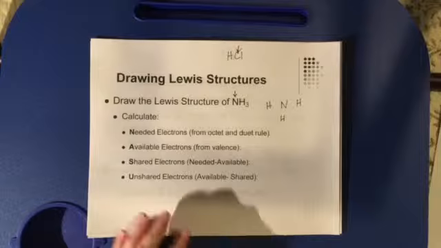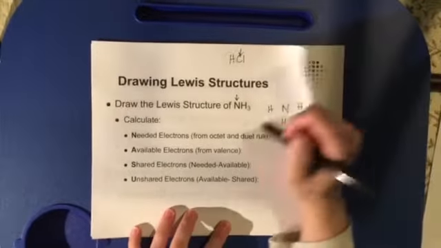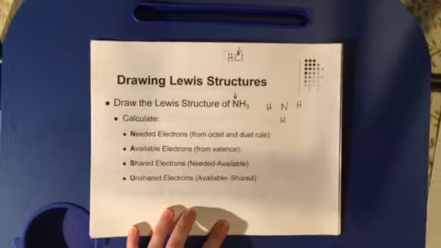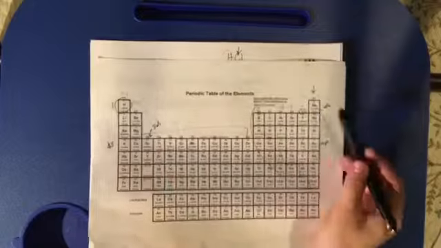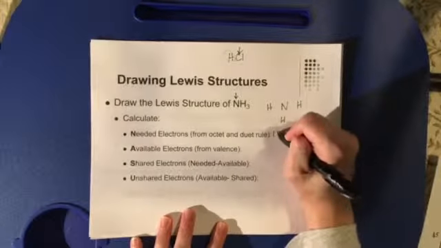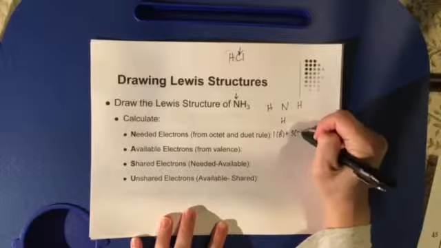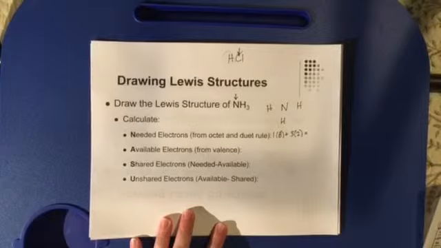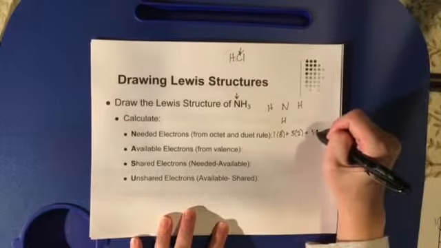We want to figure out what is needed. So we've got 1 nitrogen that needs 8. Nitrogen wants to be like neon. Hydrogen just wants to be like helium and needs 2. So we've got 1 nitrogen that needs 8, 3 hydrogens that need 2. And so 8 plus 6 is 14.